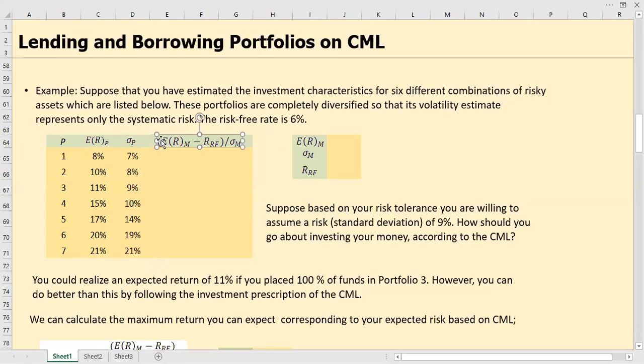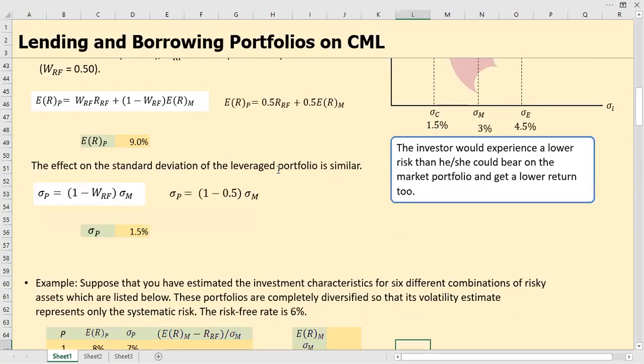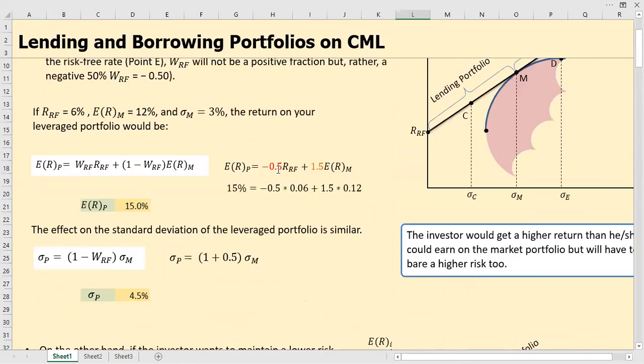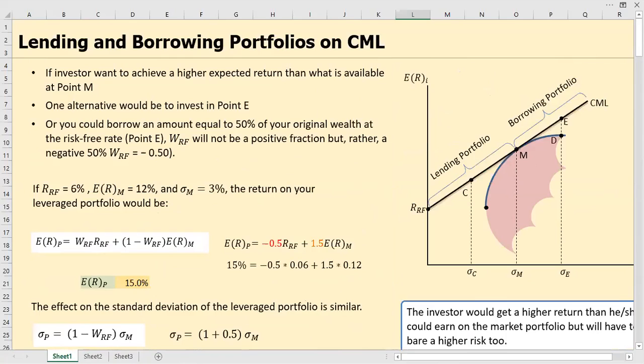Now what I am going to do here is estimate the slope of the capital market line. That way I can identify the market portfolio and the other portfolios which are available for us, right? So let me get that equation from the capital market line.